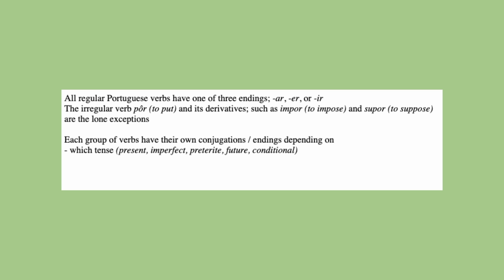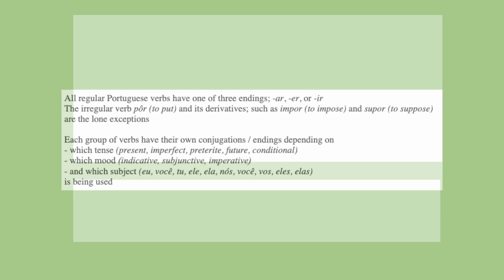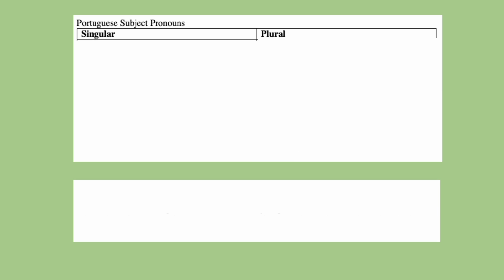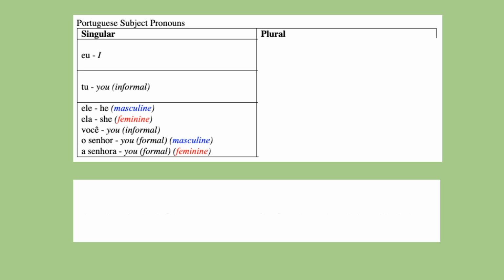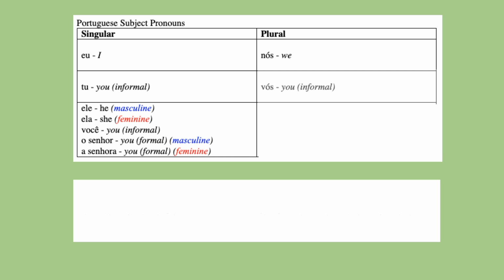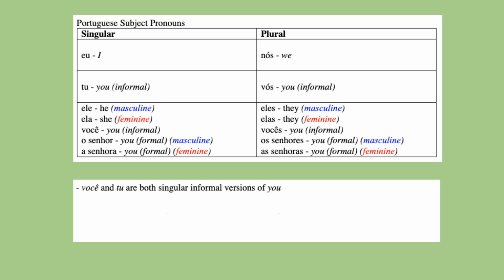So each group of verbs has its own conjugations or verb endings, depending on the tense, mood, and subject being used. The Portuguese subject pronouns are eu, tu, ele, ela, você, o senhor, a senhora, nós, vós, eles, elas, vocês, os senhores, as senhoras.